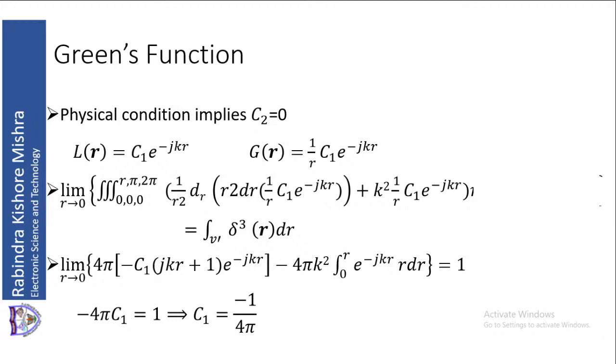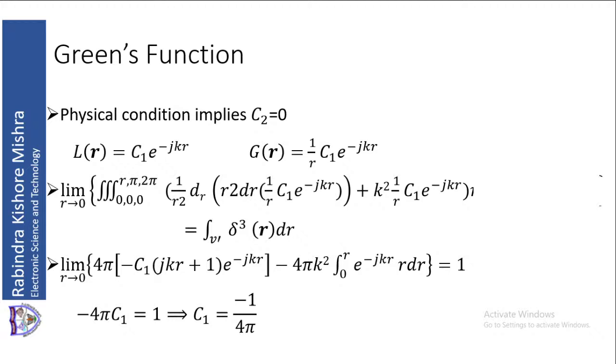On the left hand side we will get the limit r goes to 0 of the volume integration. The volume integration is 0 to r, 0 to π in the θ variation, and 0 to 2π in the φ variation.